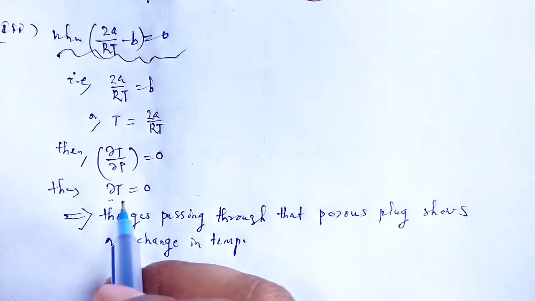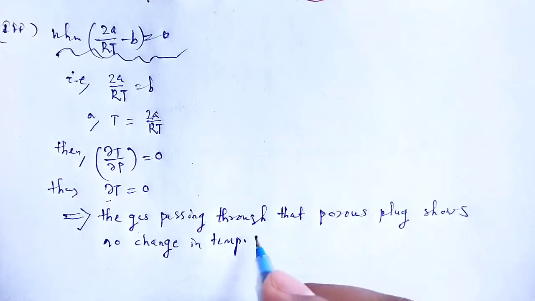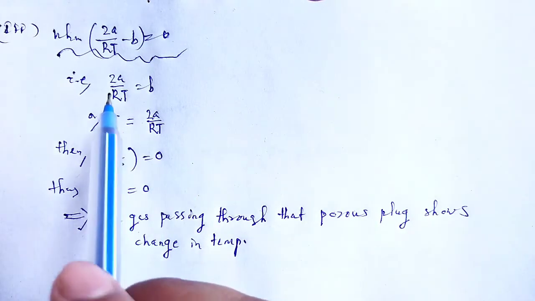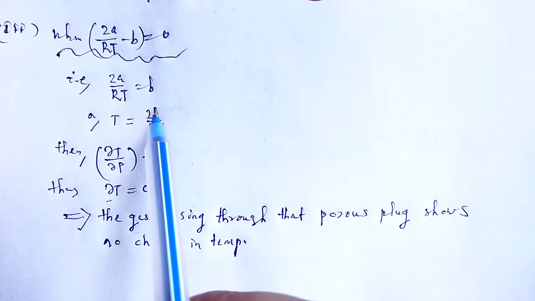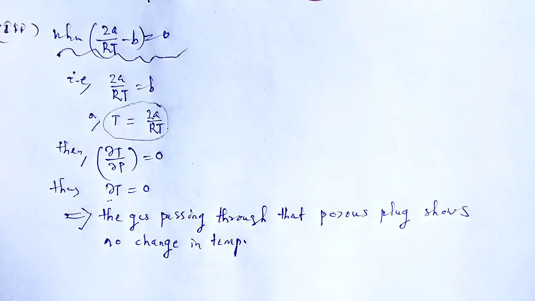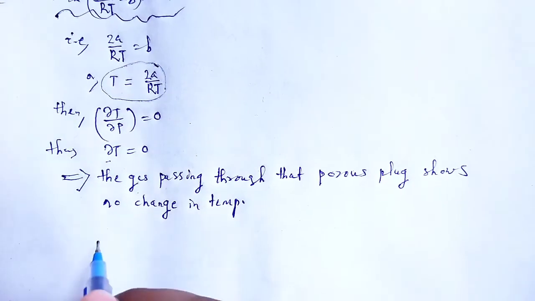Here change in temperature will be 0 when T is equal to 2A by RT. This temperature is called temperature of inversion.